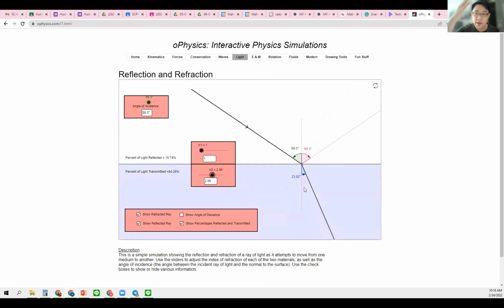The light comes in with the incident angle, in this case 56.3, and the refracted ray will bend toward the normal. The refracted angle is smaller than the incident one. When you change the incident angle, the refracted angle changes along with it.